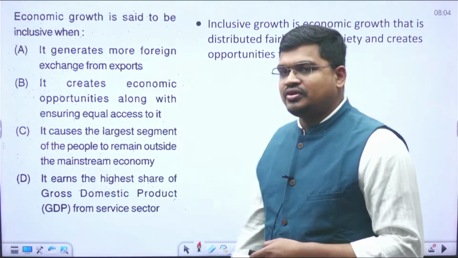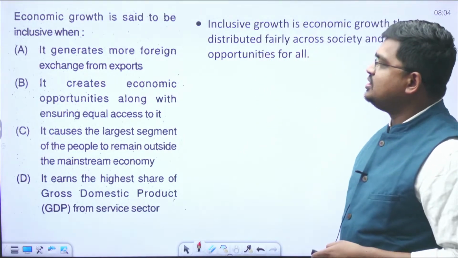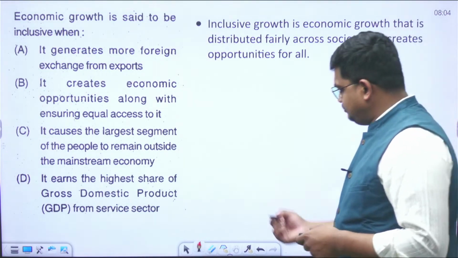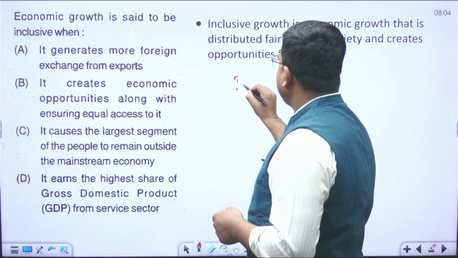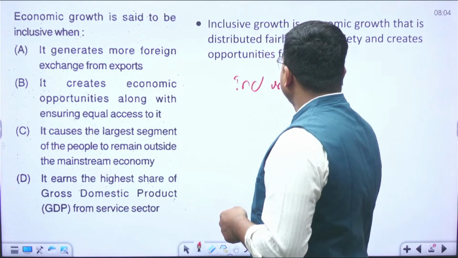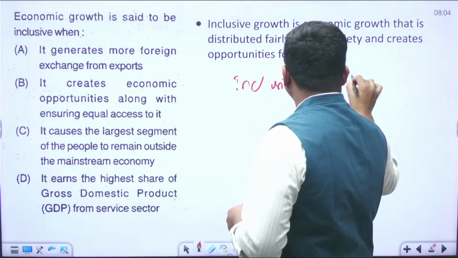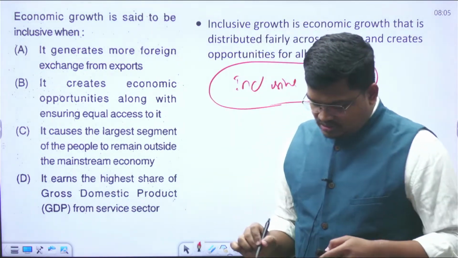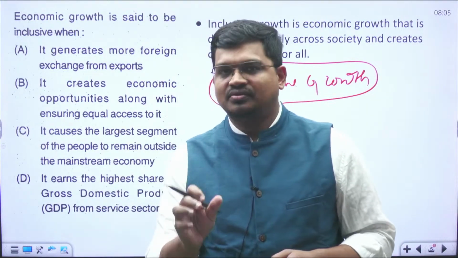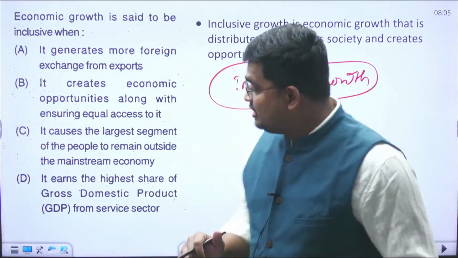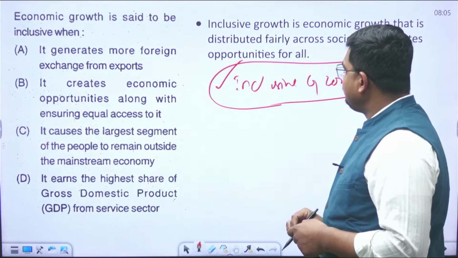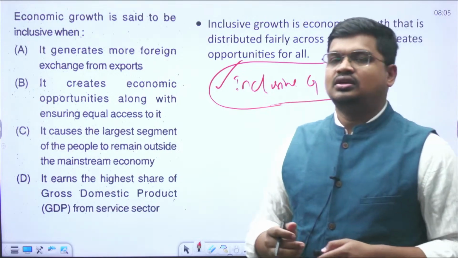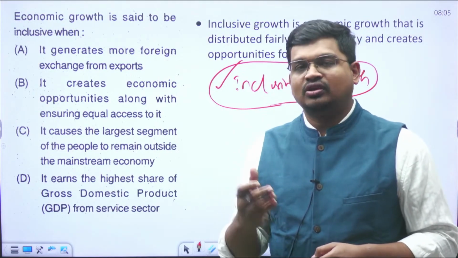You can see the first question on the screen. The first question is, economic growth is said to be inclusive. Again, this is asking what inclusive growth is. Inclusive growth is a topic given in your mains syllabus. How is inclusive growth different from economic growth, and again how is it different from economic development?